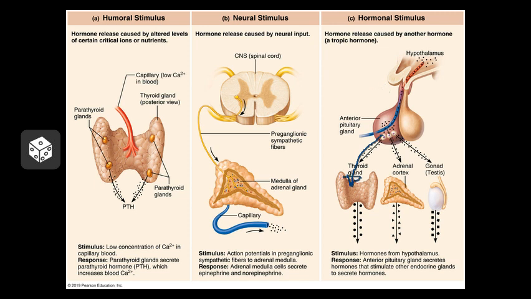Others will target the adrenal cortex. Still others can target the gonads, for example, the testes. That means the anterior pituitary hormones are tropic because they are targeting other endocrine glands. Now, it is possible then, for example, the testis can influence the secretion of other hormones, and we will look at that actually in the last chapter of the semester.